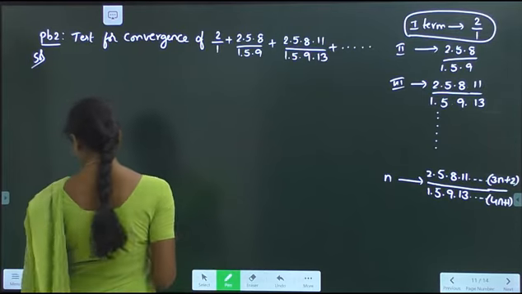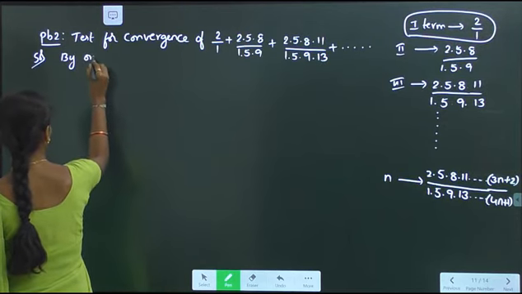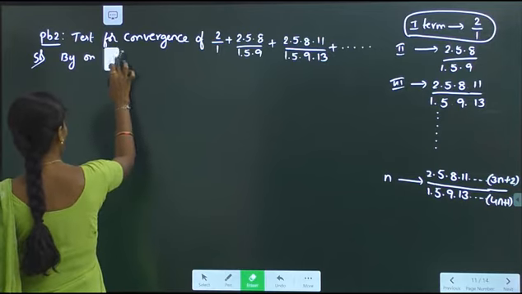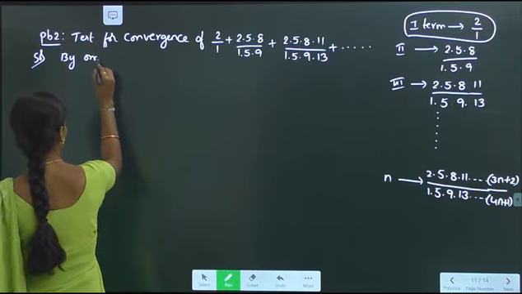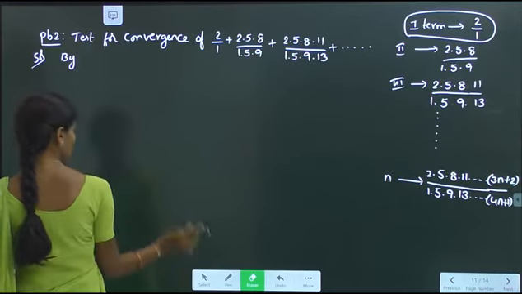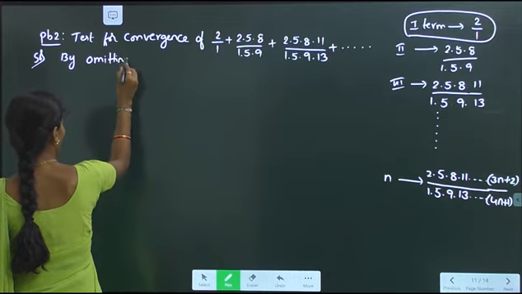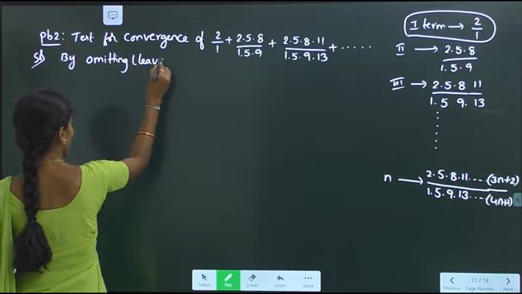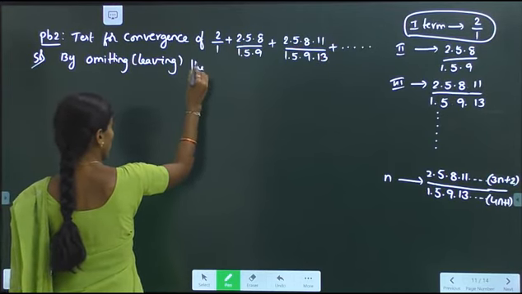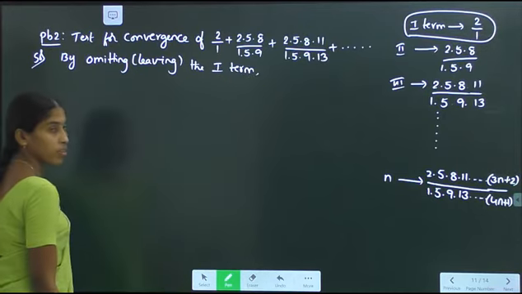So first we write the generalized form, by omitting the first term, otherwise leaving the first term, right?